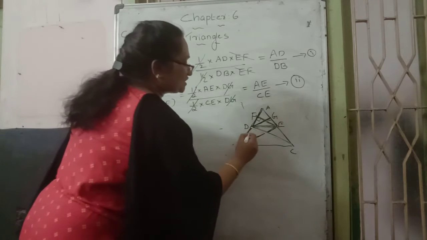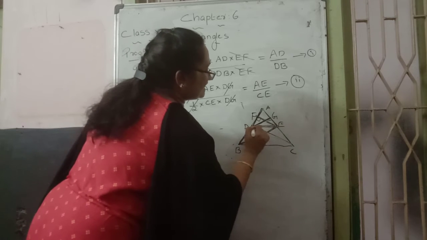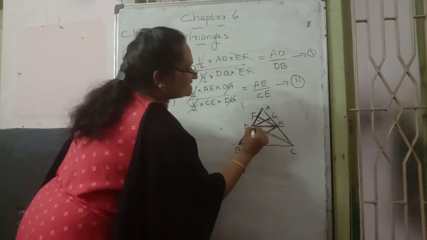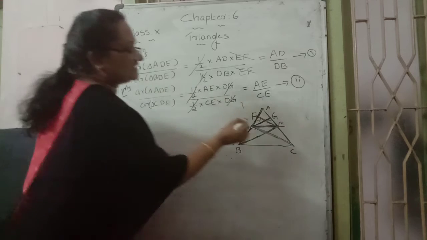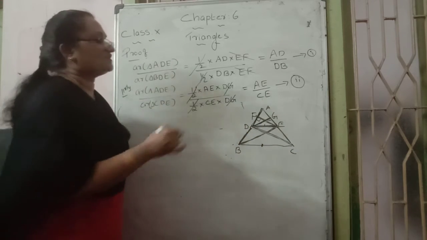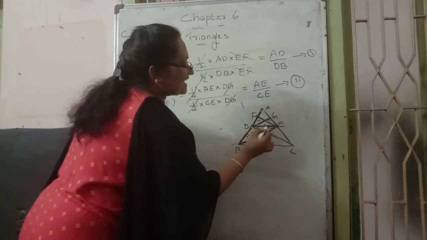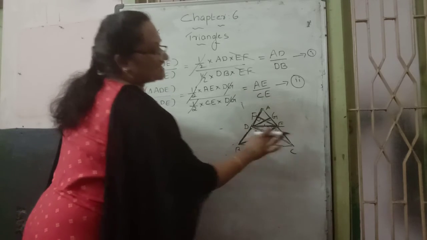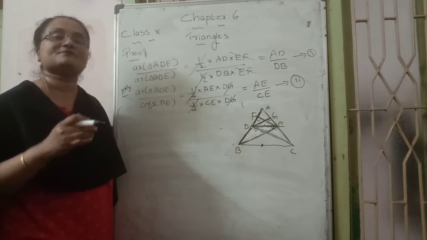Here also, the two triangles BDE and CDE stand on the same base. The base is DE, which is parallel to side BC. So triangles BDE and DEC have equal areas.